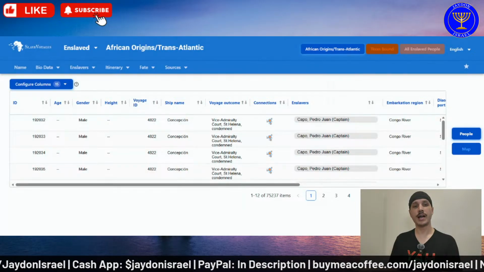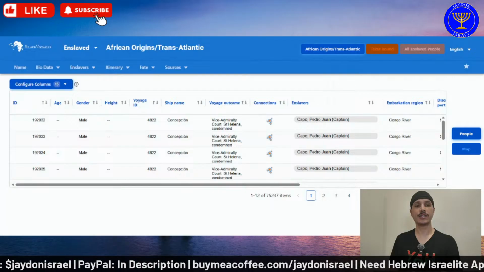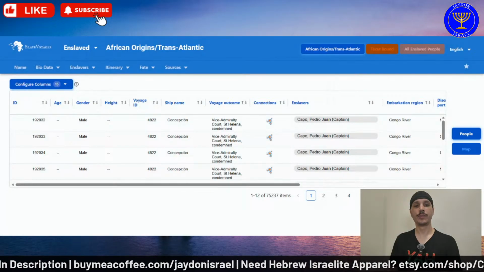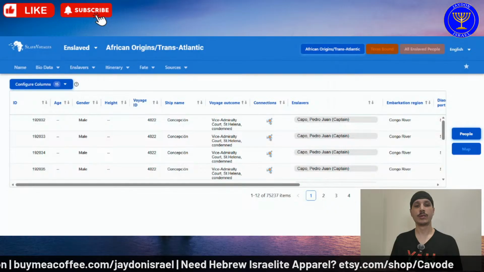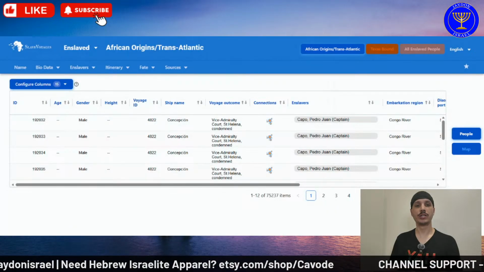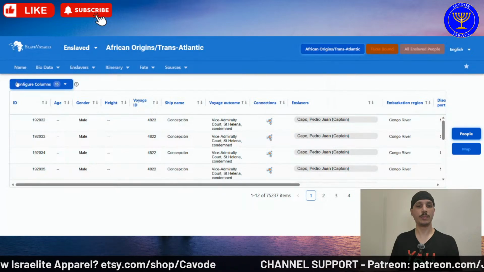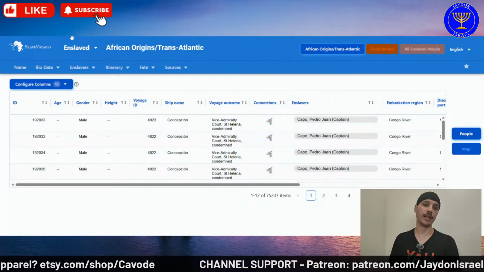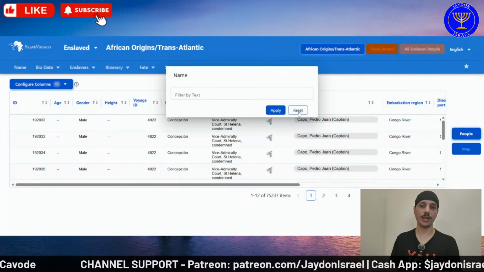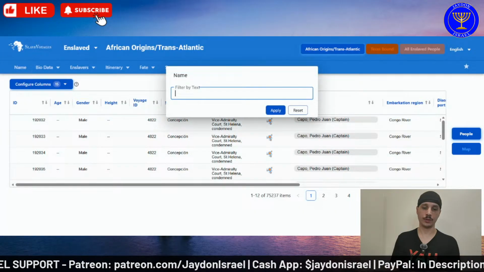It's www.slavevoyages.org/past/enslaved/African origins people. I'm going to go ahead and put the link in. It's kind of hard to read, but go to name right here, fam.